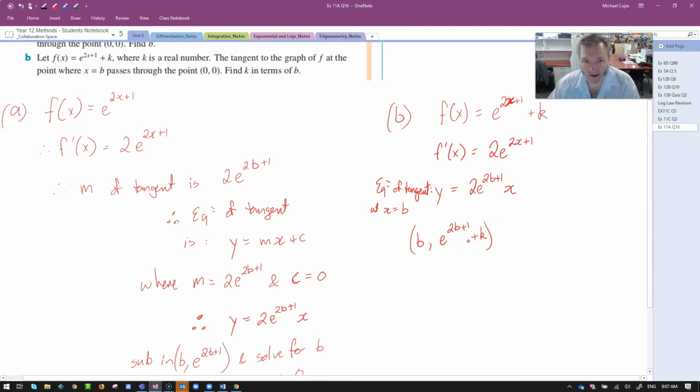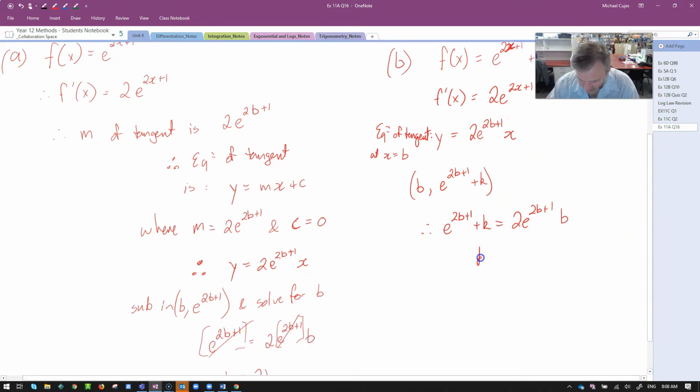Well, let's substitute that in and rearrange it so we get k in terms of b. So here I've got, therefore, e to the 2b plus 1 plus k. That's my y value. And that's going to equal 2e to the 2b plus 1 multiplied by my x value, which is b. Well, to get k on its own, I've just got to subtract that other value. So k is 2e to the 2b plus 1 multiplied by b, minus e to the 2b plus 1.